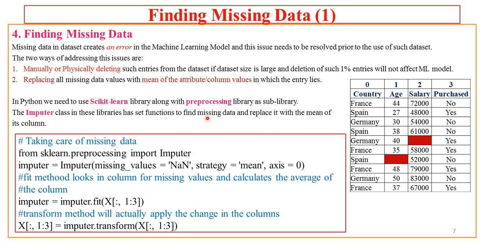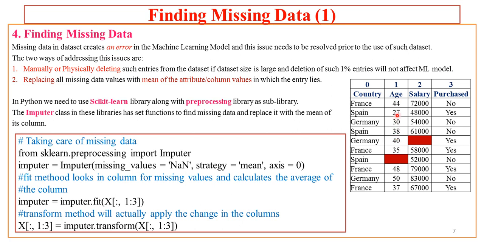Now what does it mean by mean of the column? For example, for this age, if you want to replace the missing age value for the entry Spain, we'll add all the remaining column values and divide by the number of entries, and whatever comes is the average, simply the average, and that average value will be put over here.